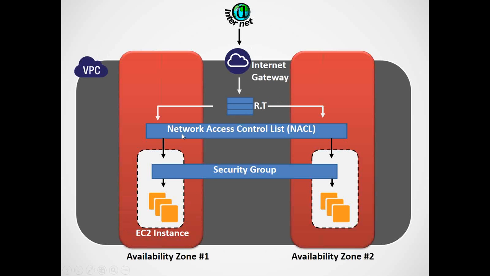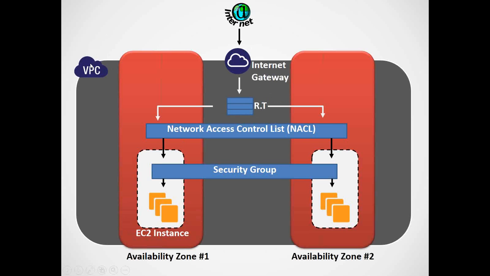Whereas if you take the same thing in AWS, it will be replaced with the internet gateway, routing table, NACL, and the specific machines. So now, the internet gateway is one component using which we will be able to connect from the machine to the internet.